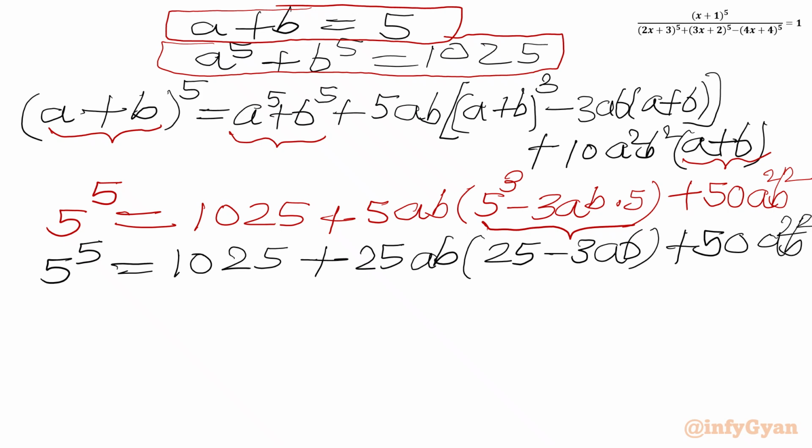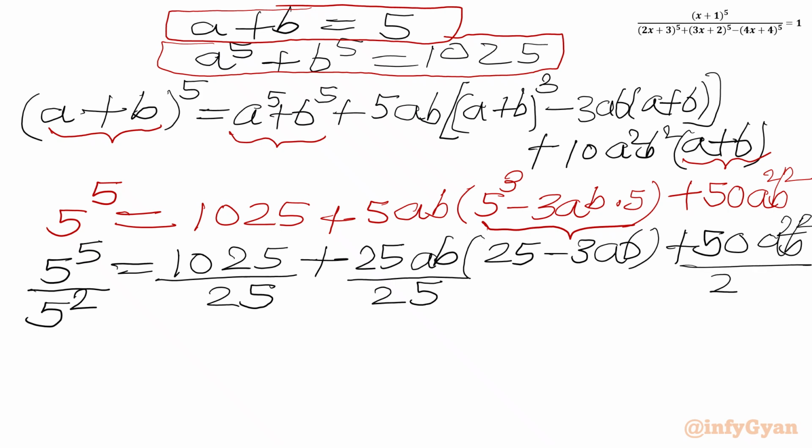Now the equation is divisible by 25, so let's divide by 25. I will write 25 as 5 square, and here I will write 25 in each term. Now 5 power 5 over 5 power 2 is 5 power 3 using exponent laws.